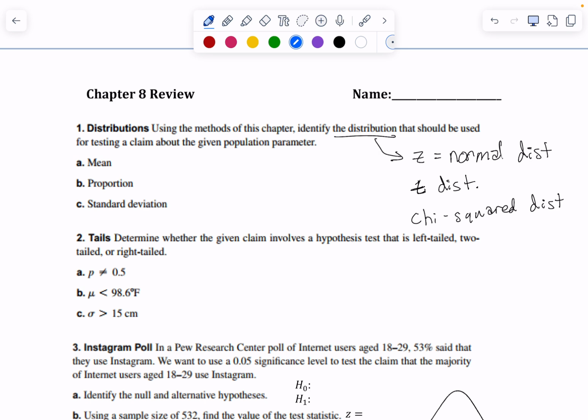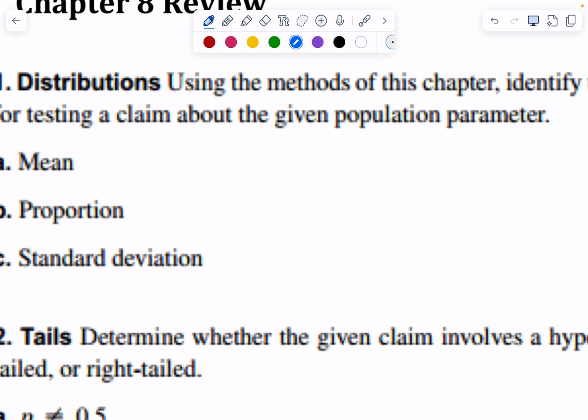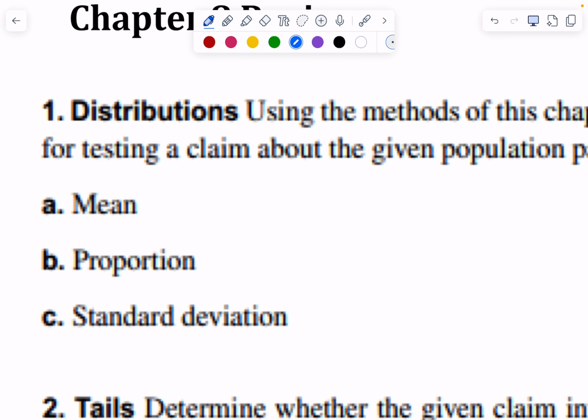Okay. If you're doing a mean or an average, whatever, which distribution do you use? Z or T. There's 2 options, Z or T, and it just depends. Z if n is greater than 30, T if n is less than or equal to 30.